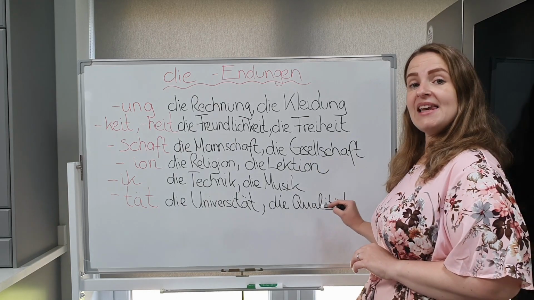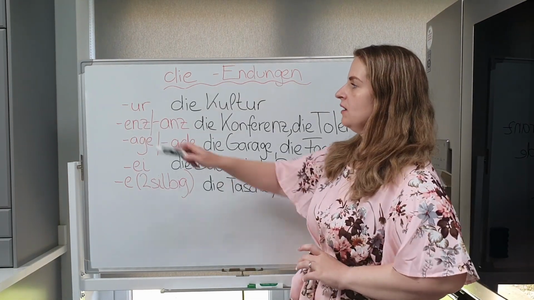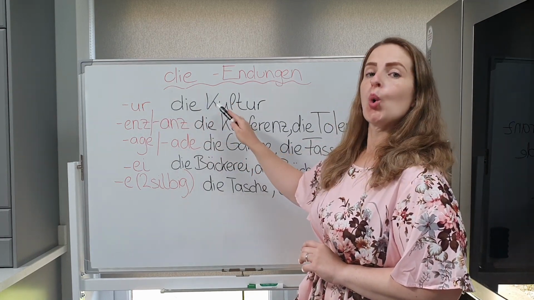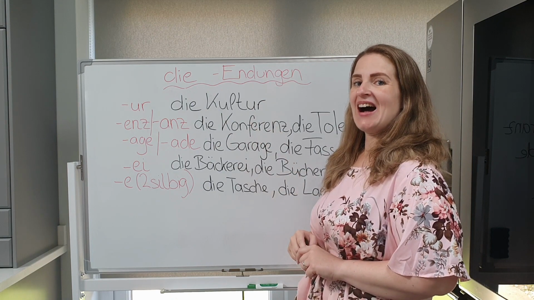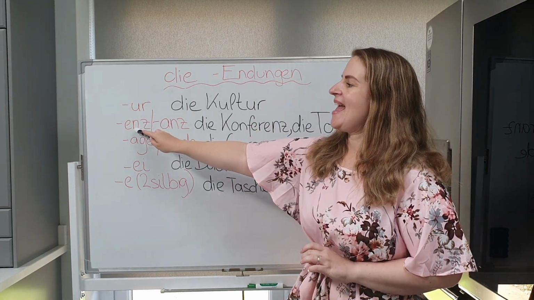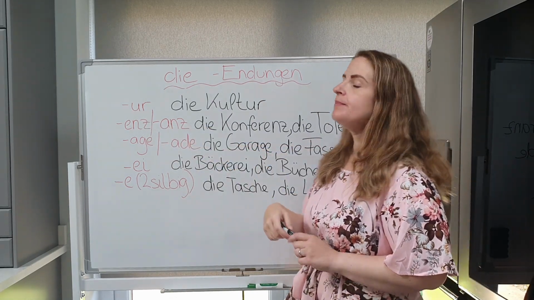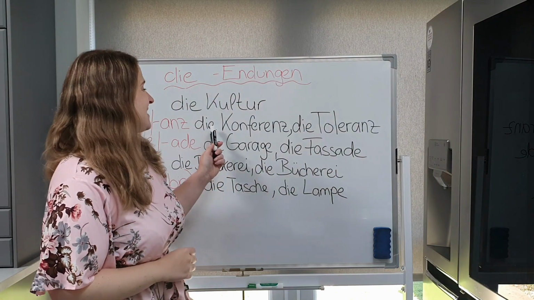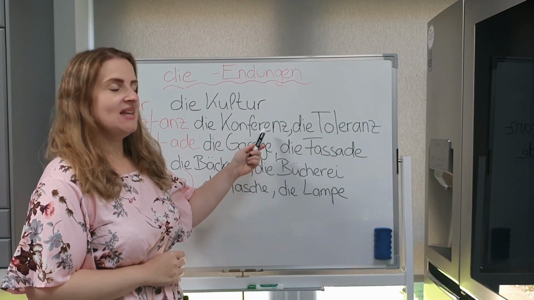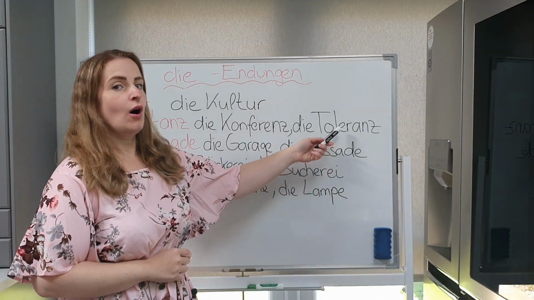Die Qualität, the quality. Nouns ending with -ur. For example, die Kultur, the culture. Nouns ending with -enz and -anz. For example, die Konferenz, the conference or the meeting. And die Toleranz, tolerance.